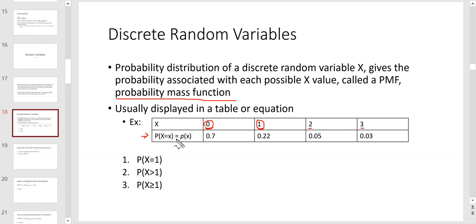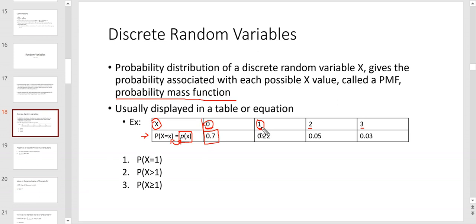Another notation which is equivalent for discrete random variables is this notation, because there is what we say a mass at every possible value. So we can write this in this form or this form. What this tells me here is that the probability that x equals 0, meaning no accidents, is 70%.